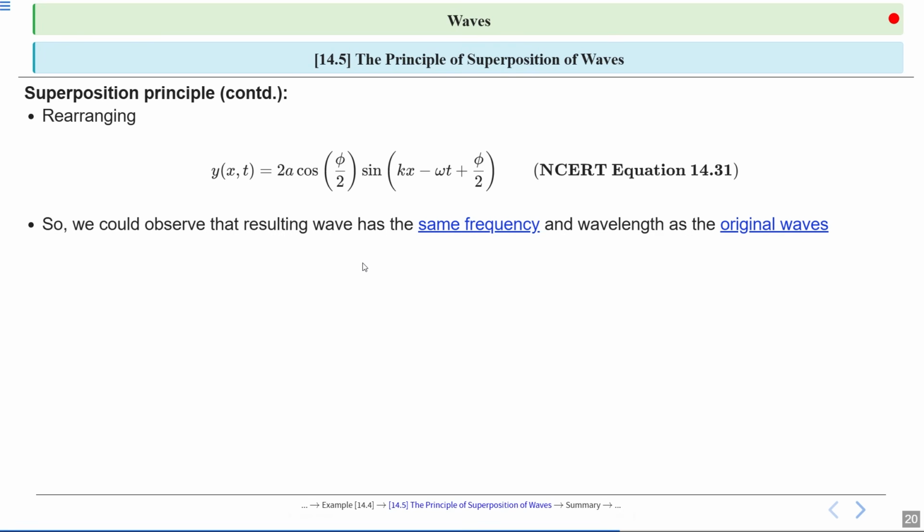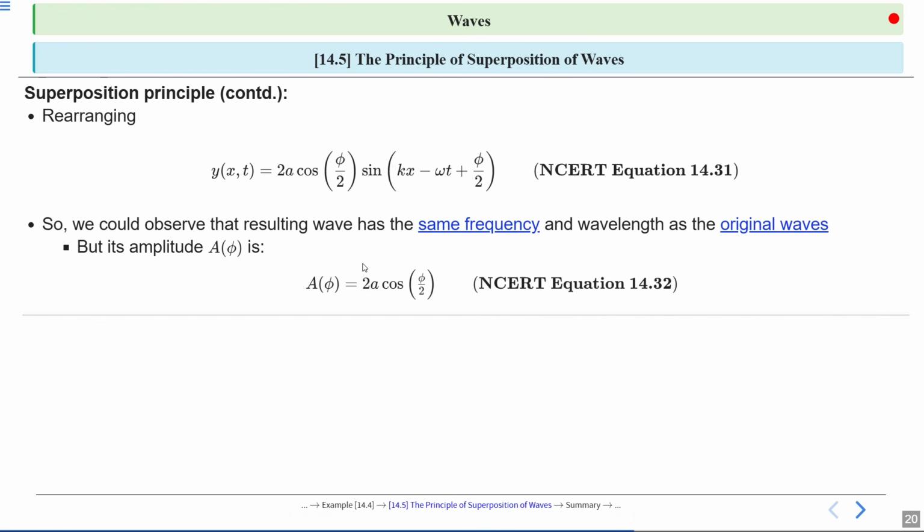So we can observe that the resulting wave has the same frequency and wavelength as the original waves, but its amplitude A of phi is equal to 2a cos(phi by 2). This means the amplitude depends on the cosine of half of the phase difference.